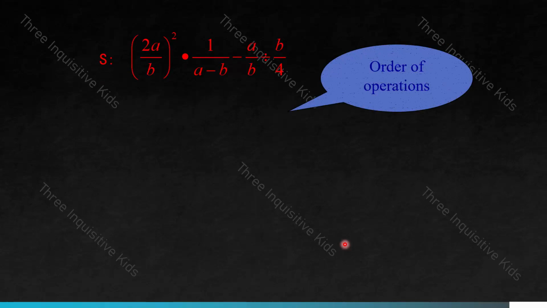Here would be the solution. We need to follow the steps of order of operations, just like PEMDAS: parentheses, exponents, multiplication and division, addition and subtraction. Let's say we do the exponents first.